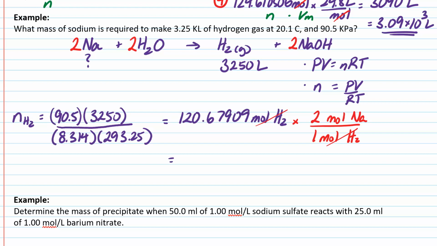So I should have 241.35818 moles of sodium. So that's the number of moles of sodium I have. What is its mass? Well, just multiply by molar mass. So sodium is 22.99 grams per mole.